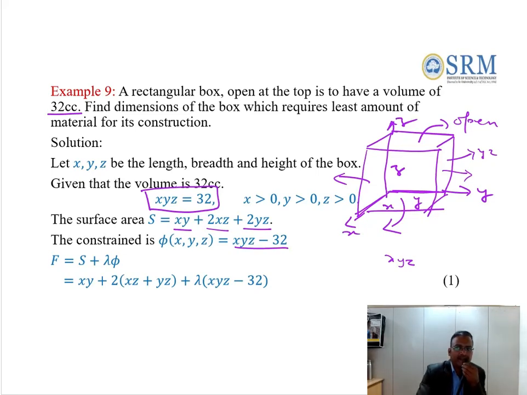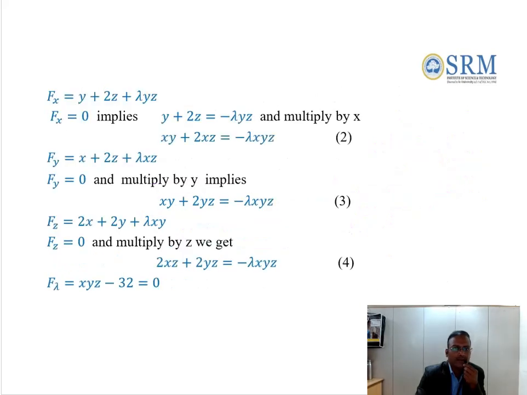Now to find the extremum value, we have to differentiate capital F partially with respect to x, y, z and lambda, and then equate them to 0. From this we calculate x, y, z and lambda. So Fx is y plus 2z plus lambda into yz, and Fx equal to 0 gives y plus 2z equal to minus lambda yz. Multiplying by x gives xy plus 2xz equal to minus lambda xyz.